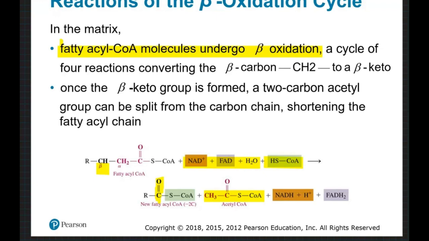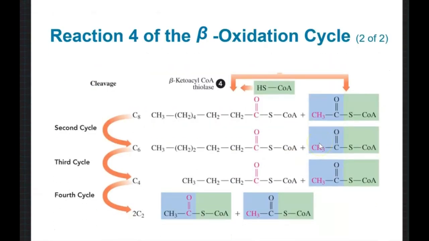Make sense? So one more time. Fatty acids being oxidized. Electrons and hydrogens are picked up by NAD plus and FAD. During beta oxidation, acetyl-CoA is formed, and the chain in the fatty acid is shortened by 2 carbons. So you gnaw off 2 carbons at a time. Does it make sense? Take a look at this.